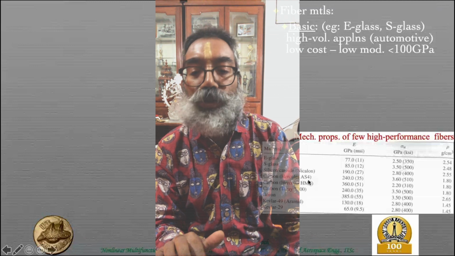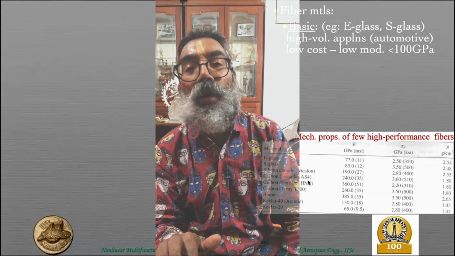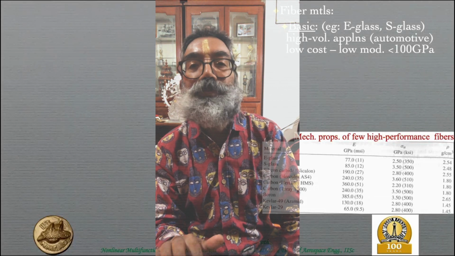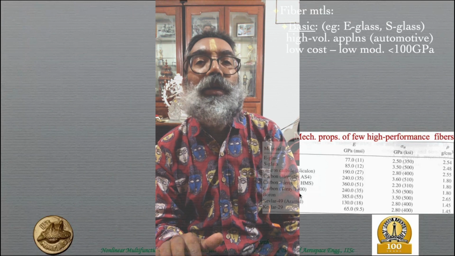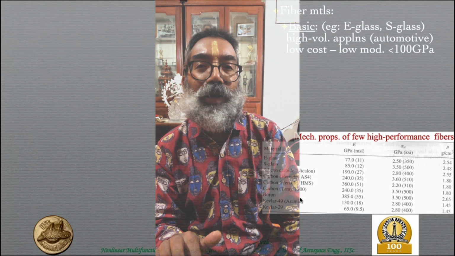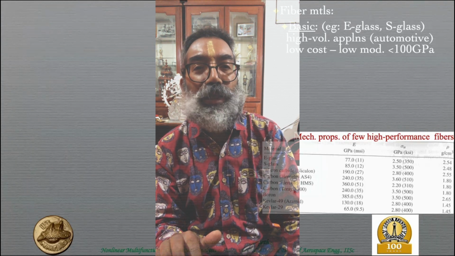Kevlar to some extent has it, but most of the others are ceramics, and they are quite brittle, so their ductility is pretty low. But once you draw them into a fiber form, compared to their bulk behavior, there is a slight improvement in ductility, but still not as good as metals, for example.